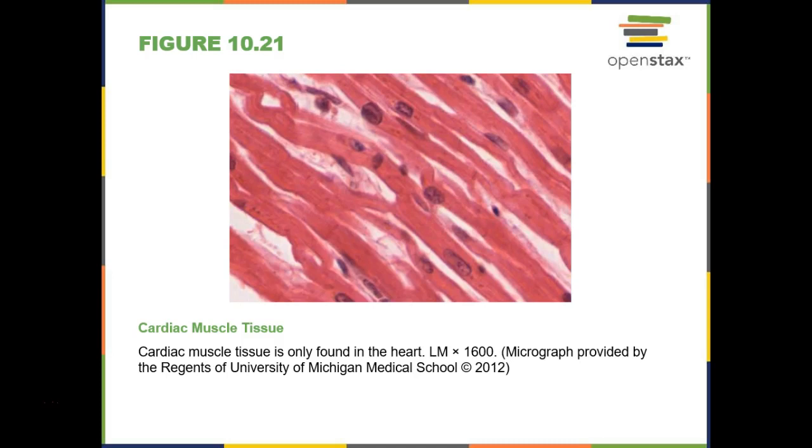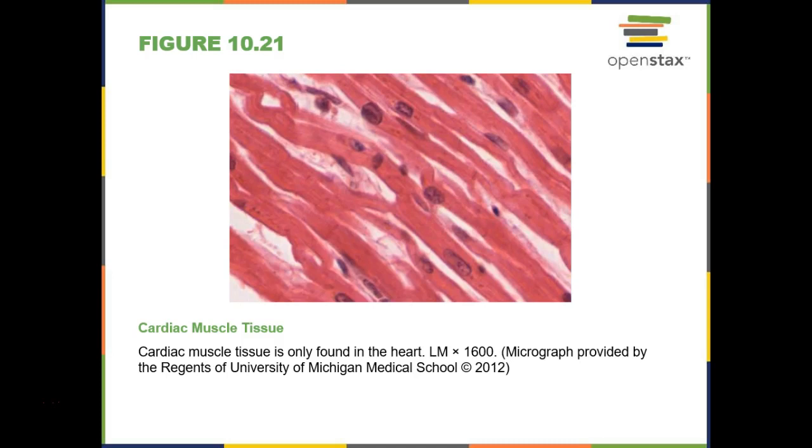So the first part of this last section of chapter 10 is talking about cardiac muscle, and then we'll talk about smooth muscle. The majority of chapter 10 was all about skeletal muscle, because the muscular system is the skeletal muscle that we're talking about. But I do like to mention these last two muscle types because they are muscles of the body.